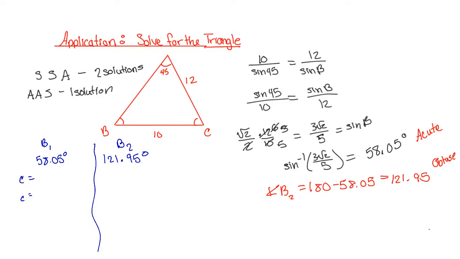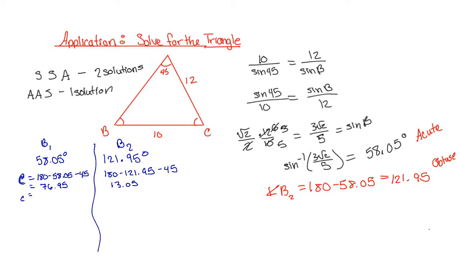So we know that in the case of angle C, this would be 180 minus 58.05 minus 45, which is going to equal 76.95. And then for the obtuse angle, this would be 180 minus 121.95 minus 45, which would equal 13.05. And so those are our two possible angle C's.